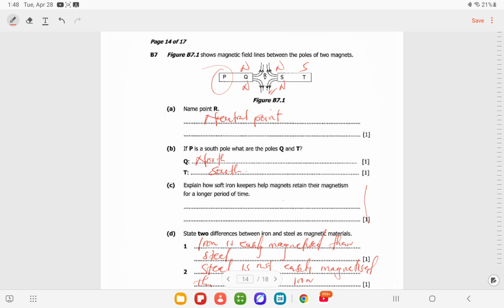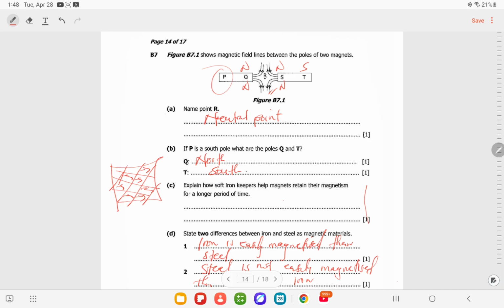Also, in terms of domain theory, we're talking about how the atoms are arranged in the structure of an iron. If we have a structure like this for iron, it has the particles, these atoms, which are aligned like this.